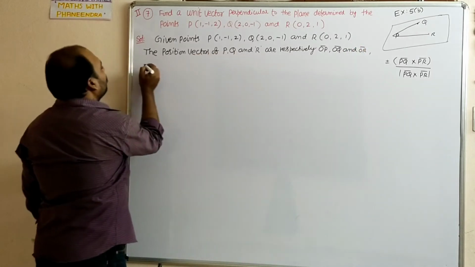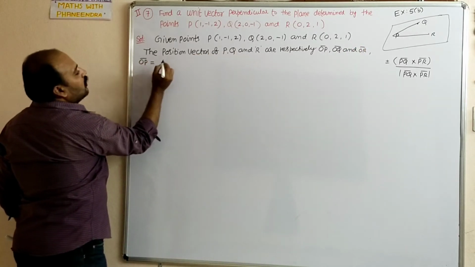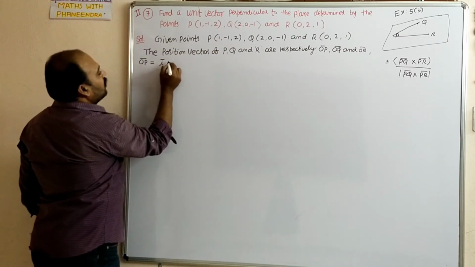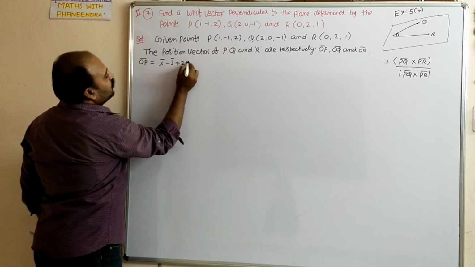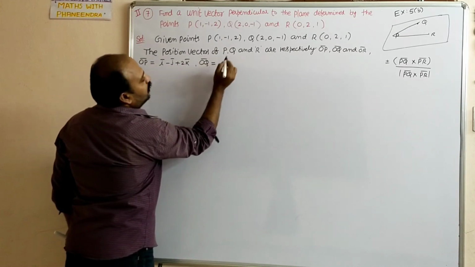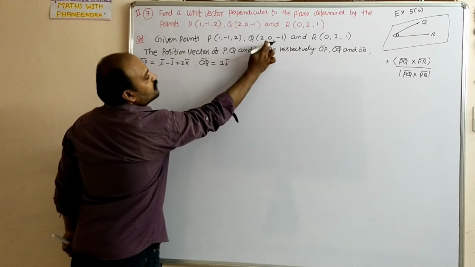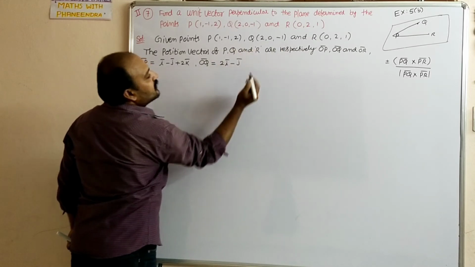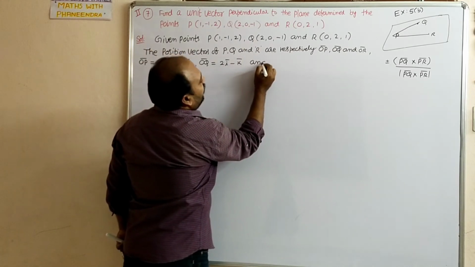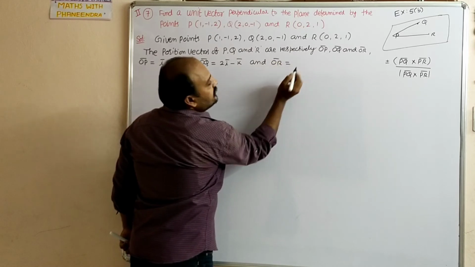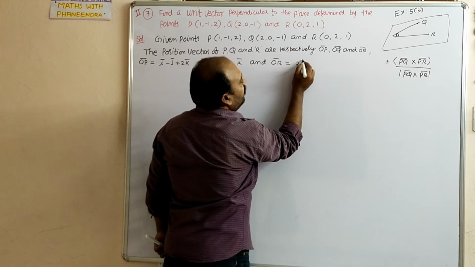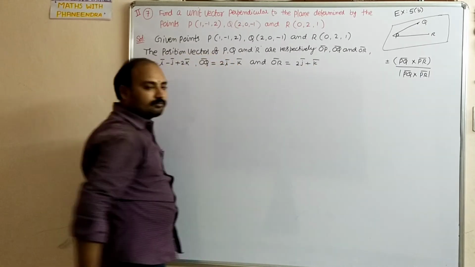OP bar equal to i bar minus j bar plus 2k bar. Next OQ bar equal to 2i, there is no j bar, minus k bar, and OR bar is equal to 0i bar plus 2j bar plus k bar.